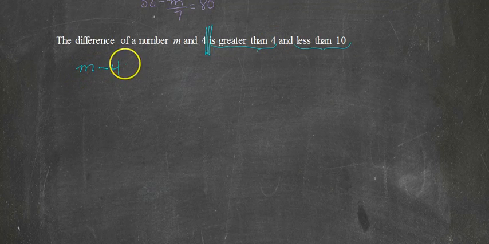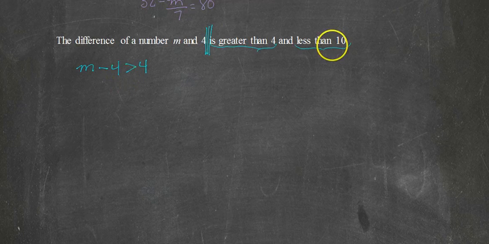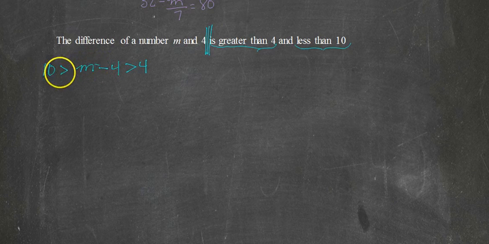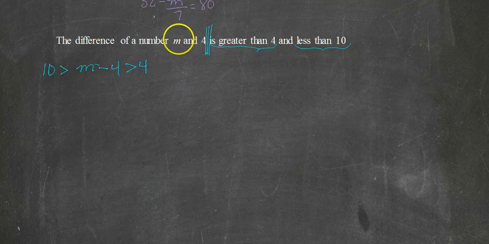So all of this has to be bigger than 4. But at the same time, it's less than 10. Oh, that's one of these where you write on both sides, right? This is smaller than, so you point toward the smaller thing because the alligator eats the bigger number. So this thing is smaller than 10 and at the same time bigger than 4.